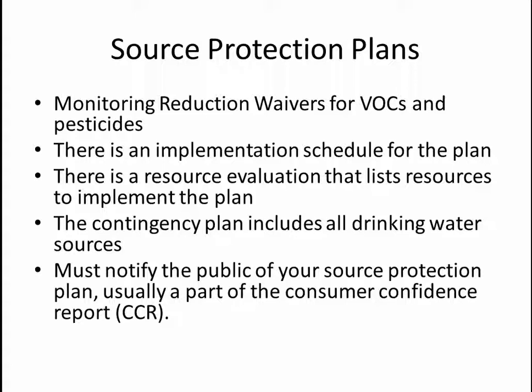And then your contingency plan must include all of your drinking water sources, so you're treating your system as a whole. And then you must notify the public that you do have the source protection plan. And usually this public notification, as before with the cross connection control program, is part of the consumer confidence report, which is a yearly requirement.